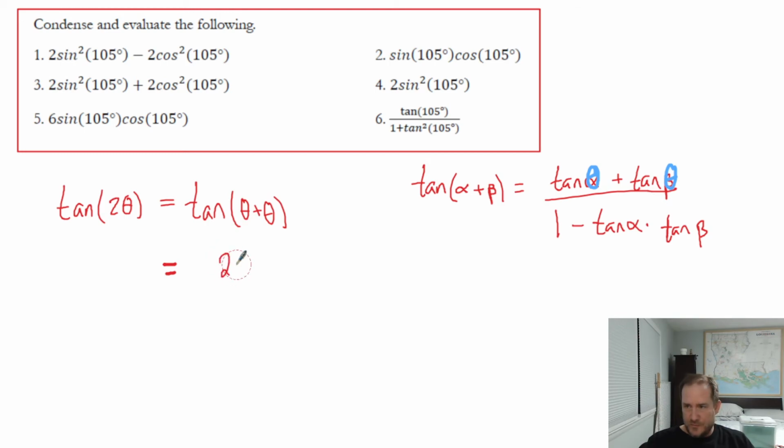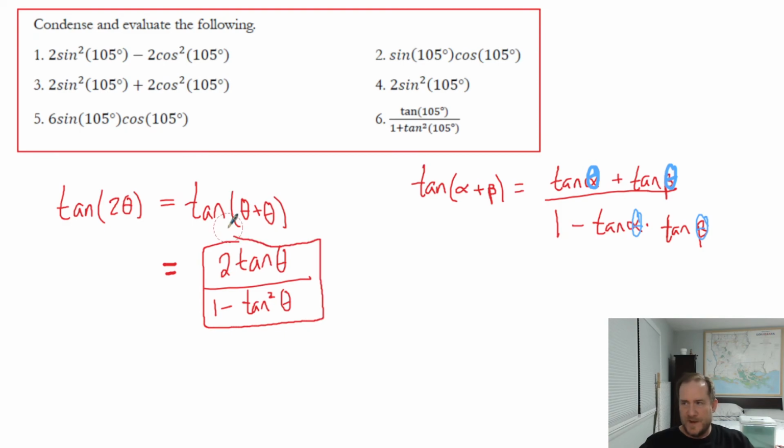It'll be 2 tan thetas in the numerator. Then in the denominator, same kind of deal. We've got a theta here and a theta here. So we get 1 minus tan squared theta. But this is the rule I'd expect you to have memorized.